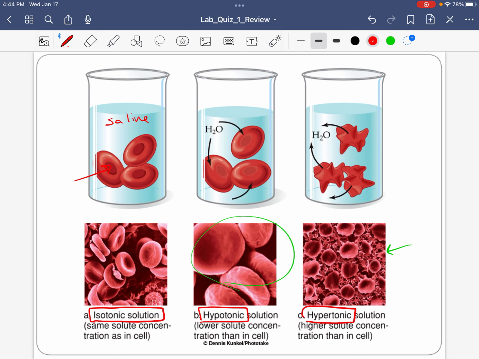It's named based off of the solute, which we're going to talk about in a minute. Some people like to go through the entire thought process to remember that. To start this off, I just memorize it as hyper, the cell gets smaller. The way that I remember that is if someone is hyper, they may go see a shrink. Haha, if you're hyper, you may go see a shrink.